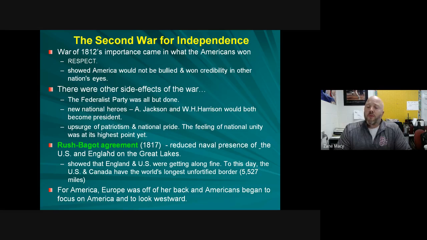It showed that now that we were a couple of years past this military engagement, we were starting to move towards forming maybe not an alliance, but we were a former set of colonies of Great Britain, and with this bilateral agreement to reduce our naval power in the Great Lakes, it shows that the United States and Great Britain were going to get along easily, and very quickly we are going to be looked at as close allies.